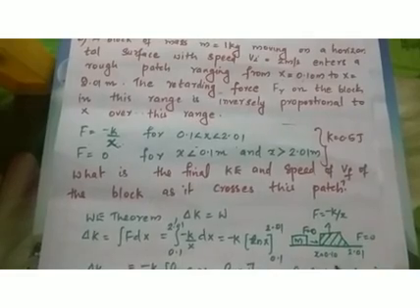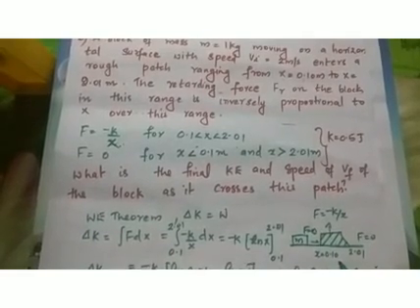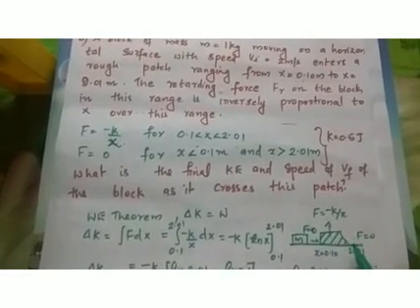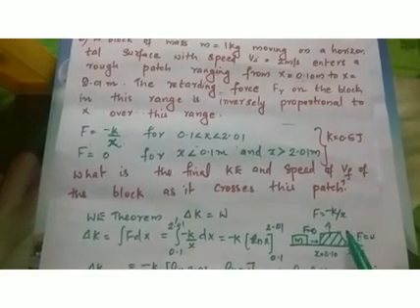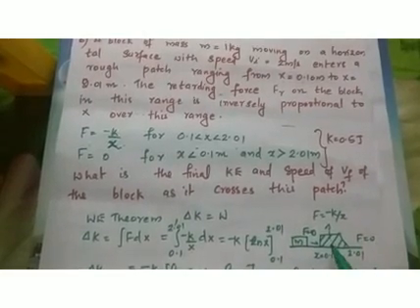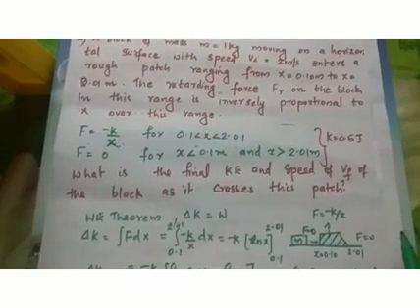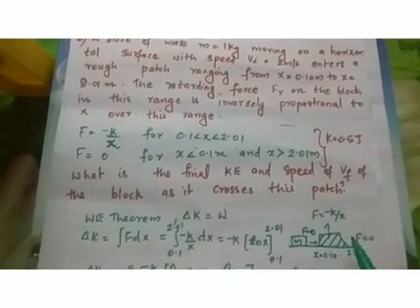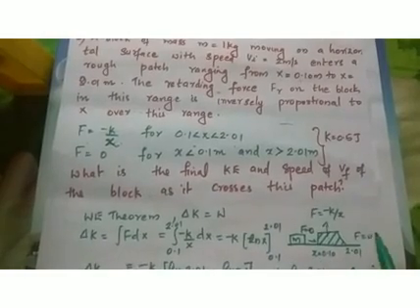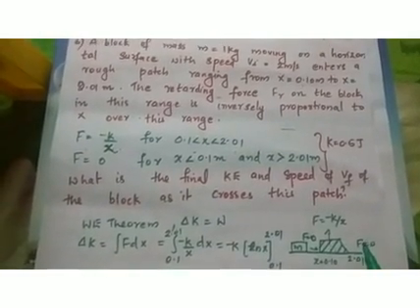Outside this patch, restoring force will be 0. And you are supposed to find out the final kinetic energy and final speed of the block. That means what is the speed of the block as it comes out of this rough patch? What is the final kinetic energy of this block when it comes out of the patch?